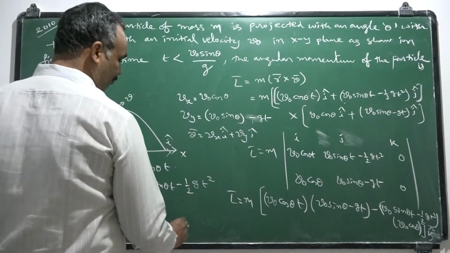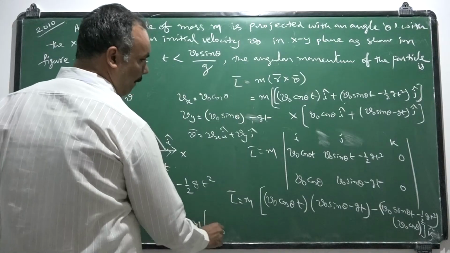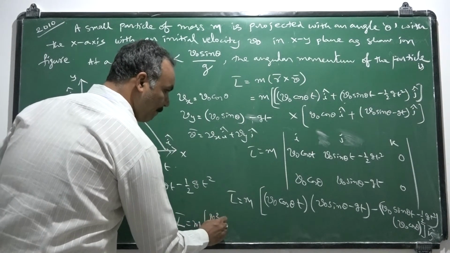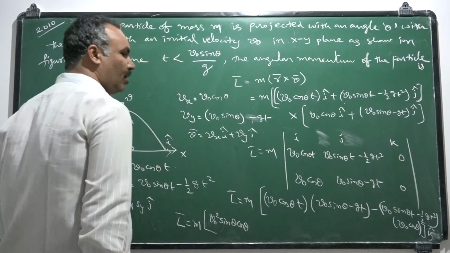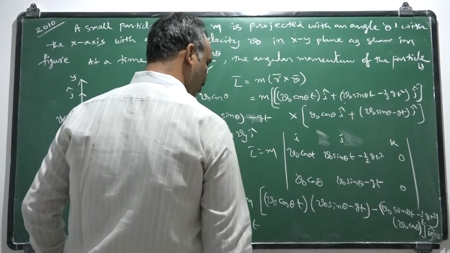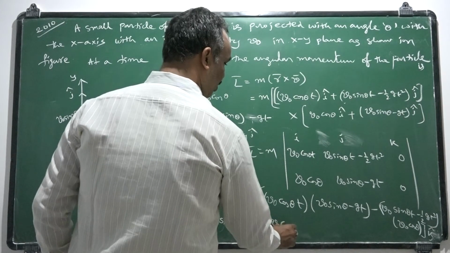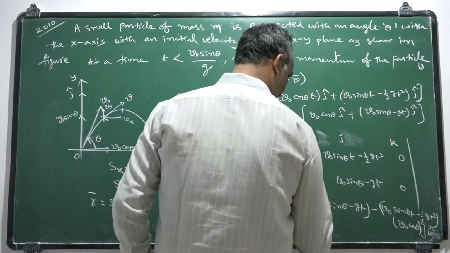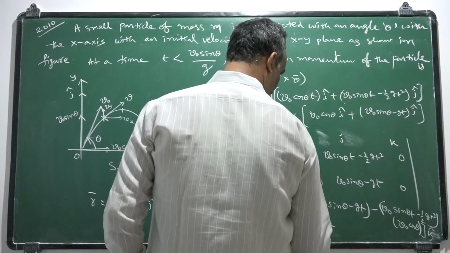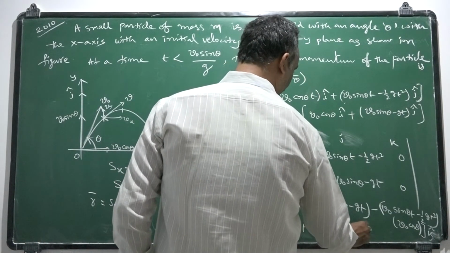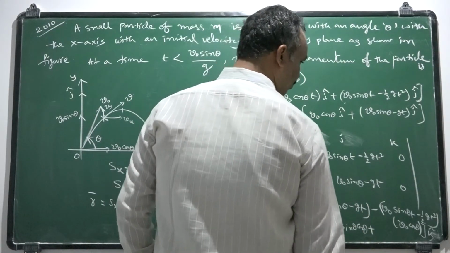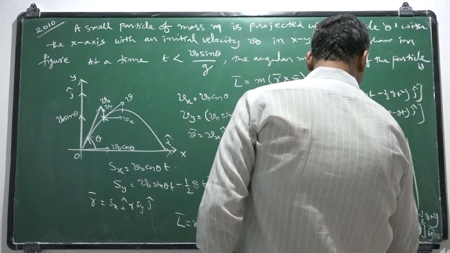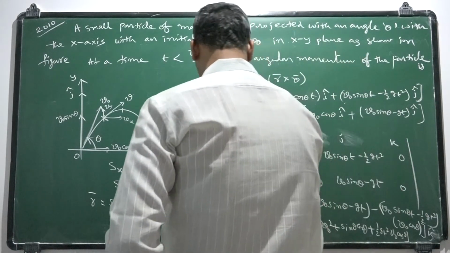So on simplification, L bar is equal to m into, if you multiply these, v naught square sin theta cos theta into t minus v naught cos theta g t square, minus v naught square t sin theta cos theta plus half g t square v naught cos theta, k cap.